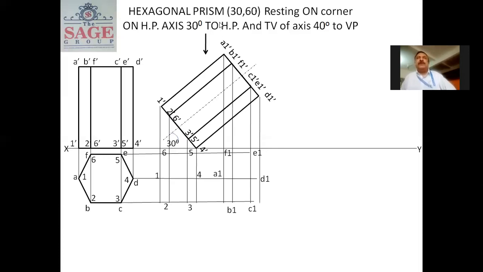When we observe from top, the base A, B, C, D, E, F is completely visible, so we draw the complete base A, B, C, D, E, F. Then, in the second step, we complete the border line. Now we have to complete the second base, that is 1, 2, 3, 4, 5, 6, but the remaining lines should be hidden.